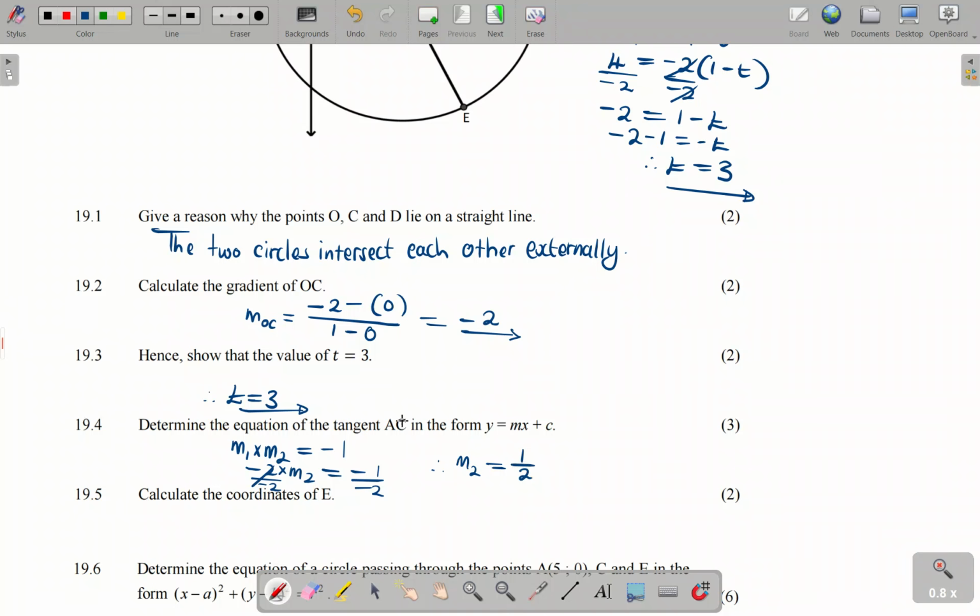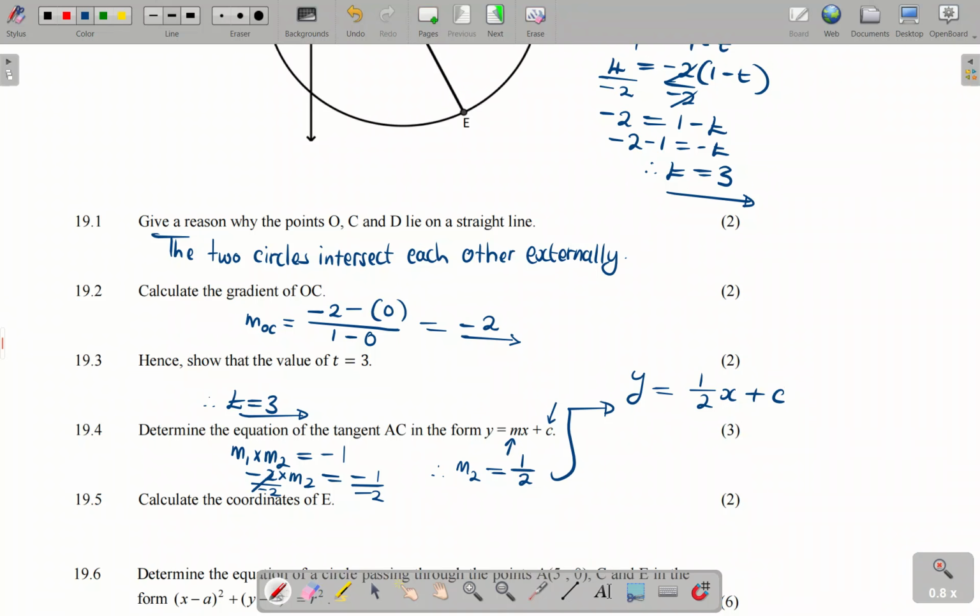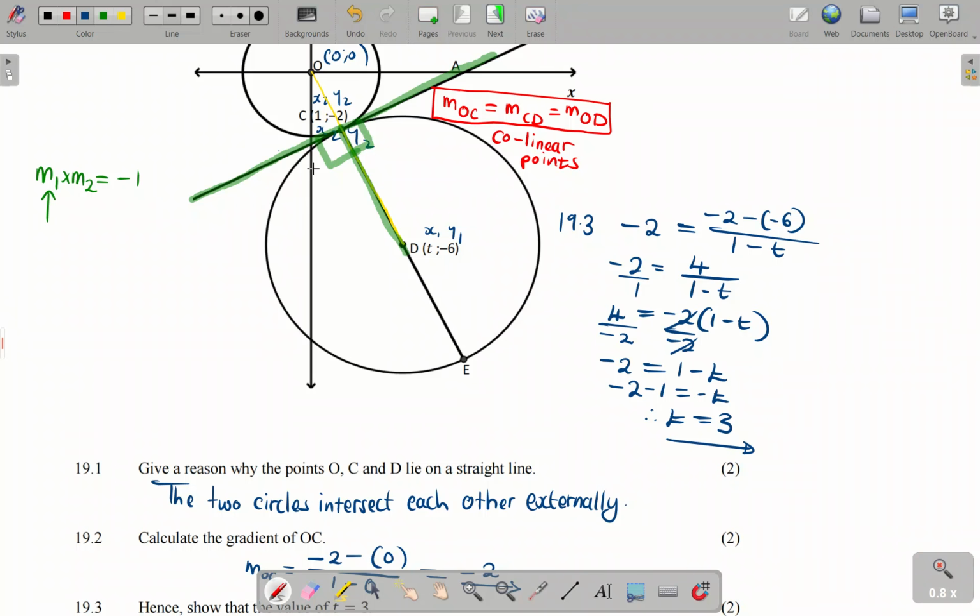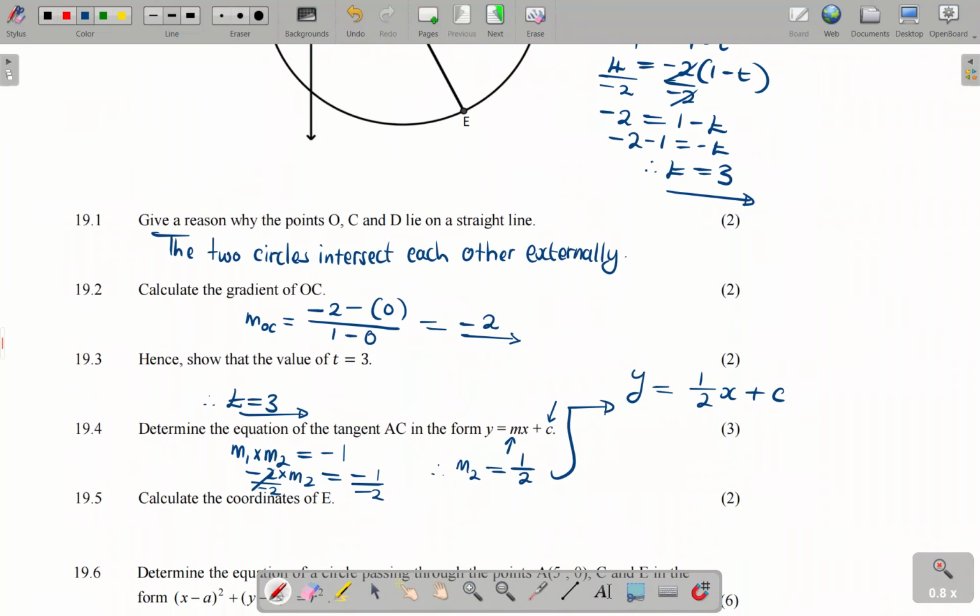But you're not done. They said determine the equation of the tangent. So now I have y equals 1 over 2 x plus c, because you have determined the gradient. You need the value of c. To find the value of c, you go back to where the intersection happens and use that coordinate, which is 1 and negative 2.